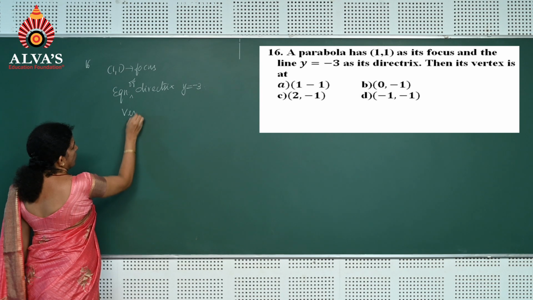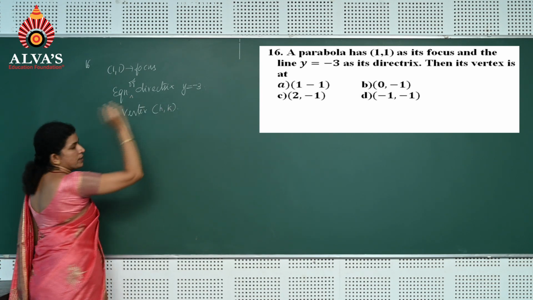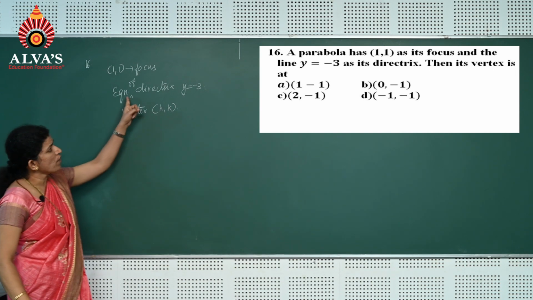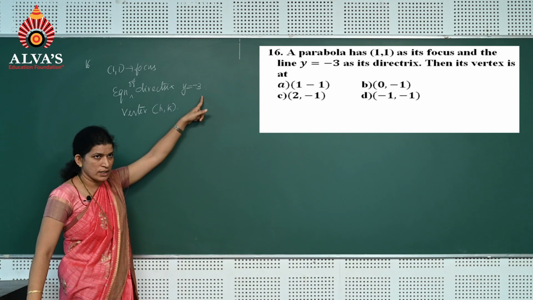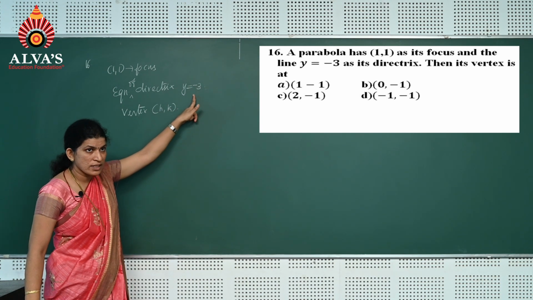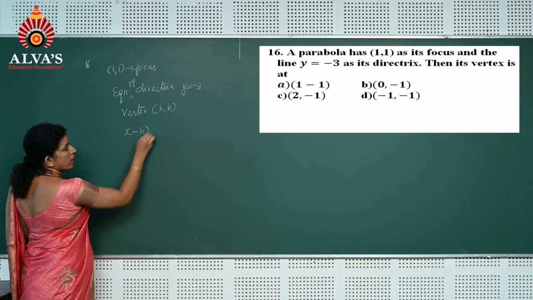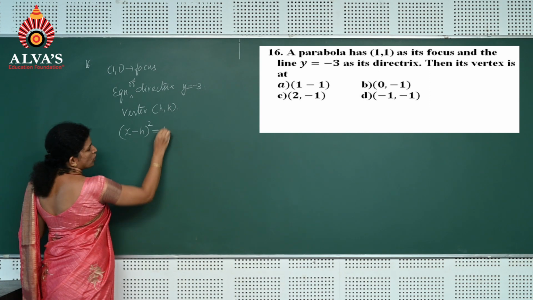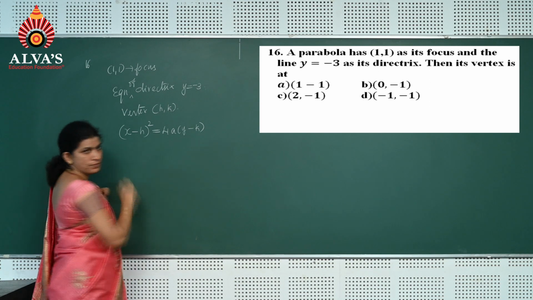Vertex we want, we know vertex is nothing but (h, k). Here the equation of the directrix is given, that is y equal to minus 3. From the equation of the directrix, we can see that the parabola is (x minus h) whole square equal to 4a into (y minus k).